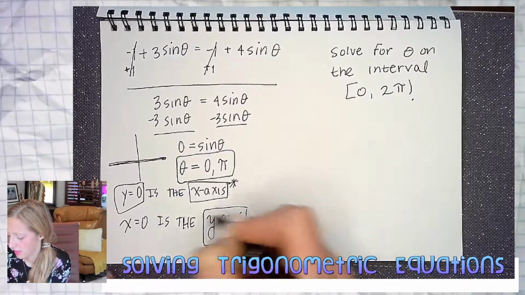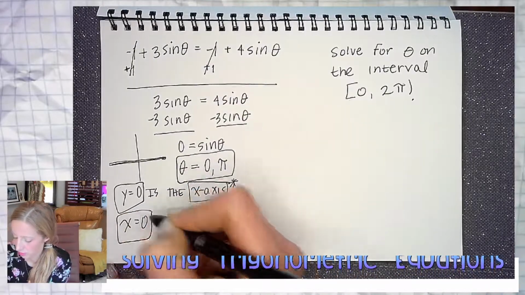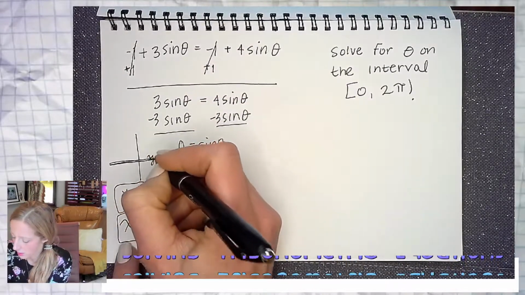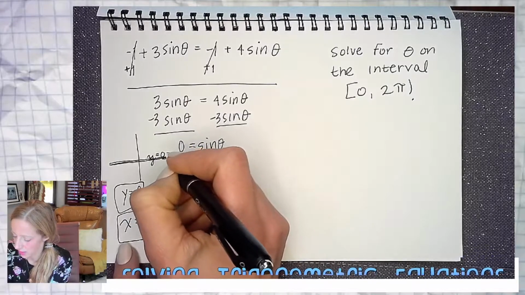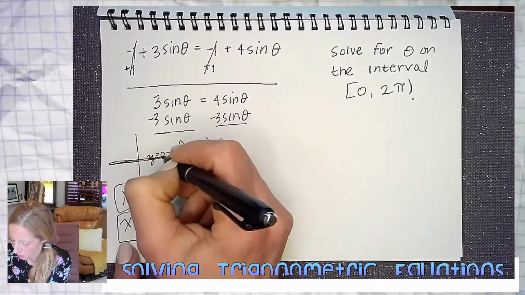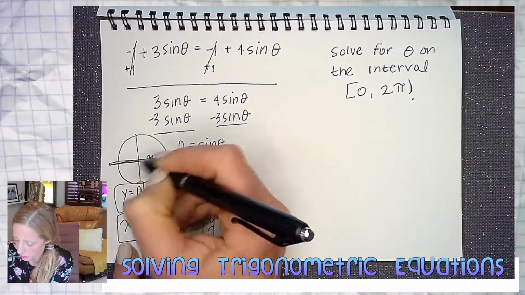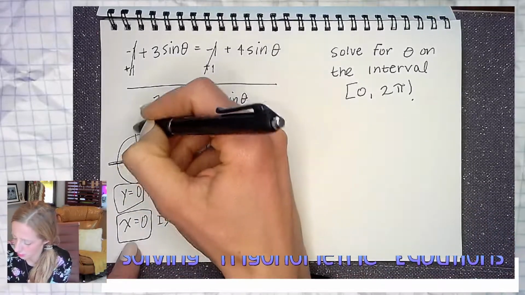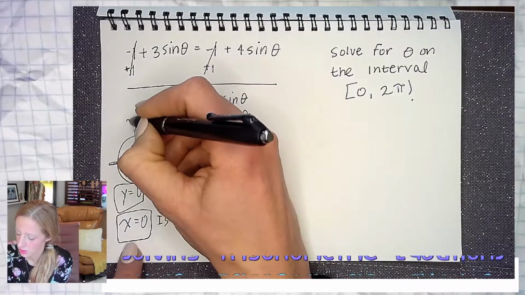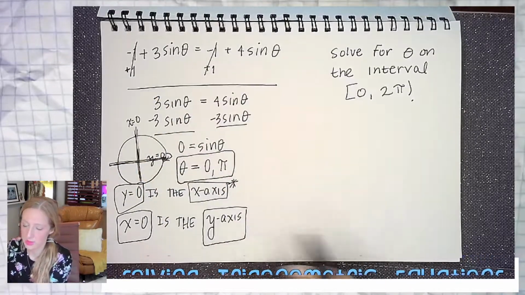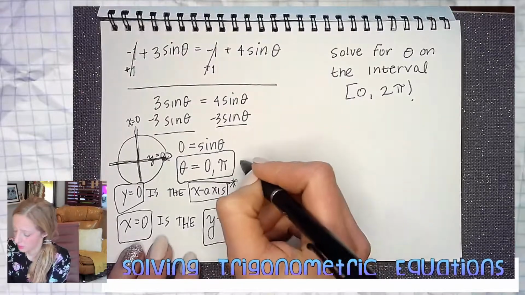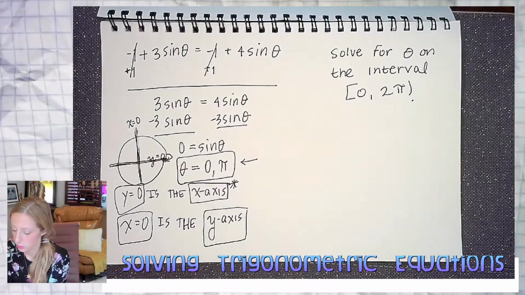We make these associations with the letter x and the letter y, and we want things to be a certain way, but y equals 0 is the x-axis, so it's this guy right over here. So on the unit circle, when you want to know when y equals 0, it's always on the x-axis. And x equals 0 is this line right here. Anytime you want to know when x equals 0, it's always on the y-axis. But those are your answers between 0 and 2 pi.